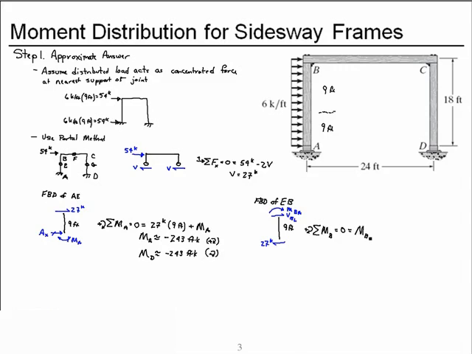We have the unknown moment plus a positive contribution from the shear at mid-height of the column. So moment BA will be approximately negative 243 foot kips.